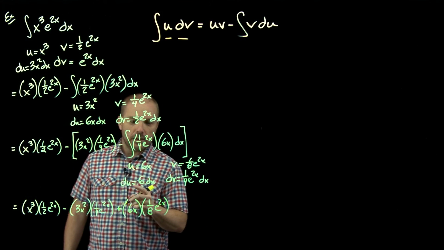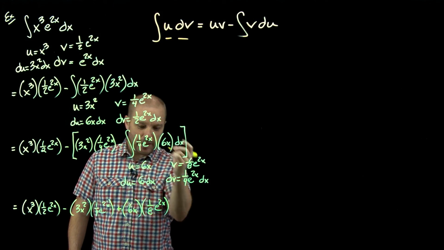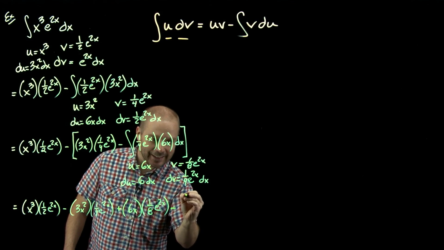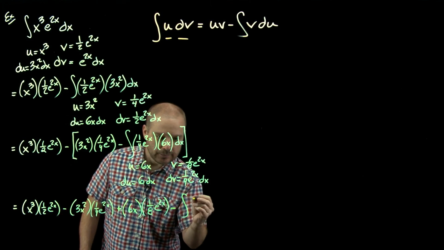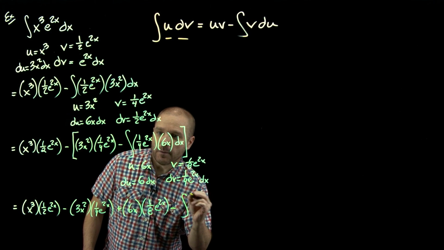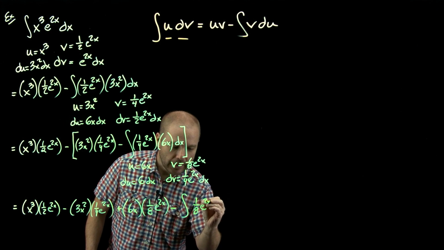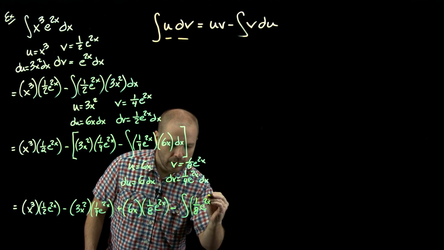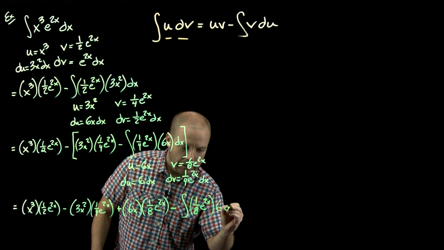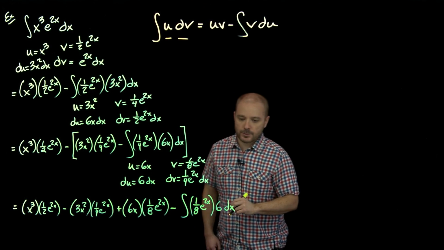And then minus a minus a minus, so minus the integral of v du. And again, I'll keep those separate. How did I write it before? 1/8 e to the 2x, 6 dx. Okay.